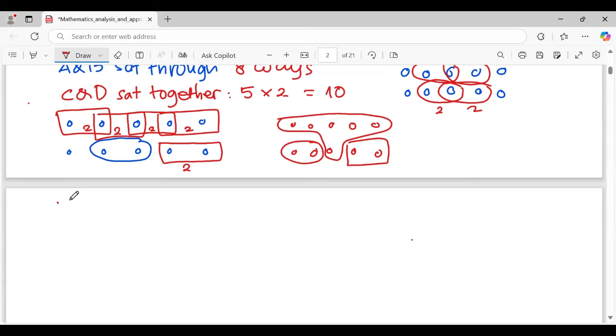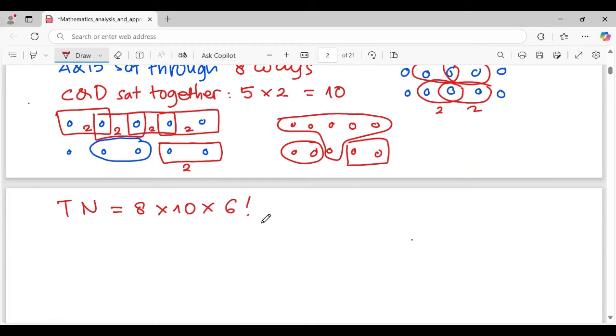So the total number of this part is 8 times 10 times 6 factorial.